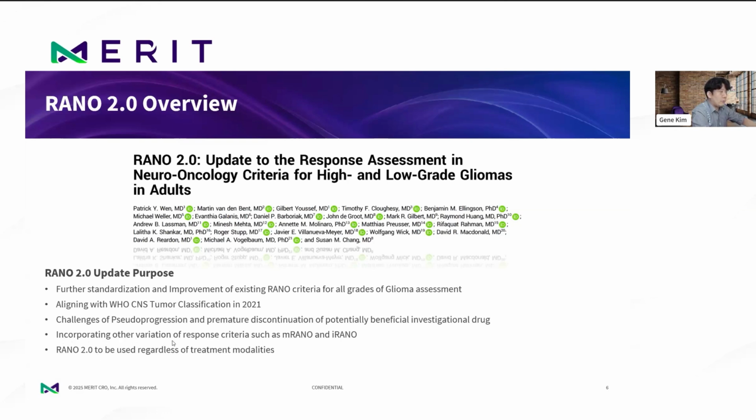Also incorporating other various response criteria such as mRANO, iRANO, HGG, and LGG. LGG also is incorporated into the RANO 2.0 and also is supposed to be used regardless of the treatment modalities.